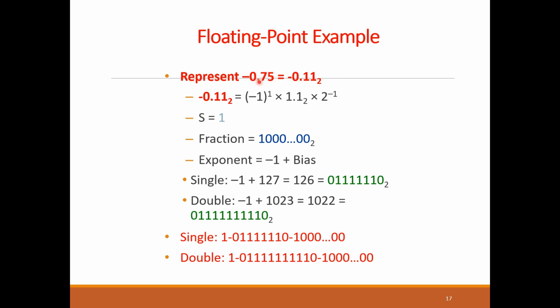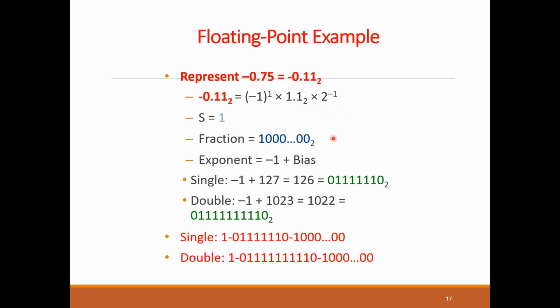So this is from decimal to binary. Now you have to normalize the number. So that means you have to shift the binary point, and this is negative, so it becomes minus 1.1 times 2 to the power minus 1.